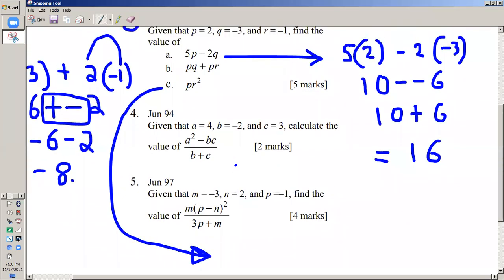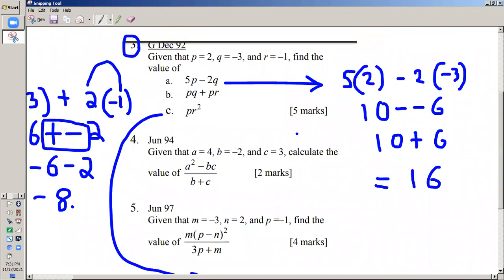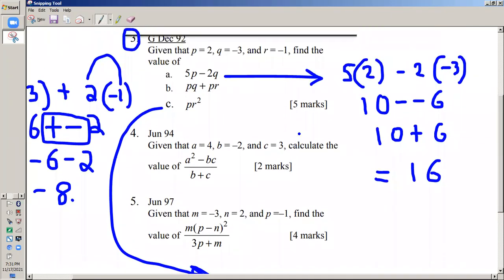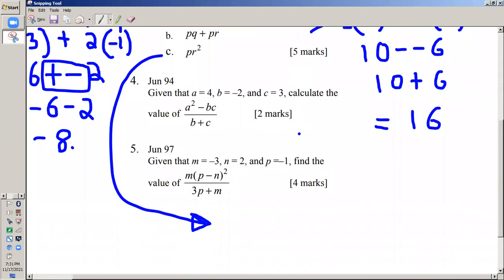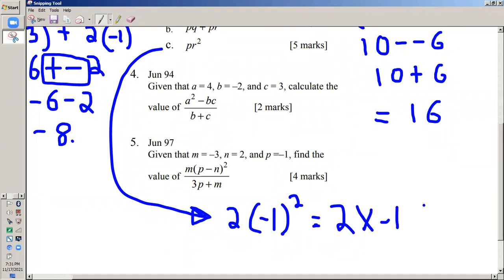So the last one, which is C, that will be PR square. So P is 2 bracket negative 1 square. So that would be 2 times negative 1 times negative 1. So 1 is 1, and negative times negative equals positive. So that is 2 times 1, so that's going to be 2.